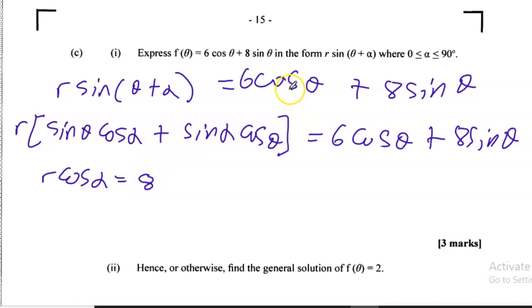And the coefficient for cos theta on the right is 6, and on the left it's r sin alpha. So if we divide both equations, r cancels, r sin over cos, that's tan alpha, is 6 over 8, which is 3/4, right?